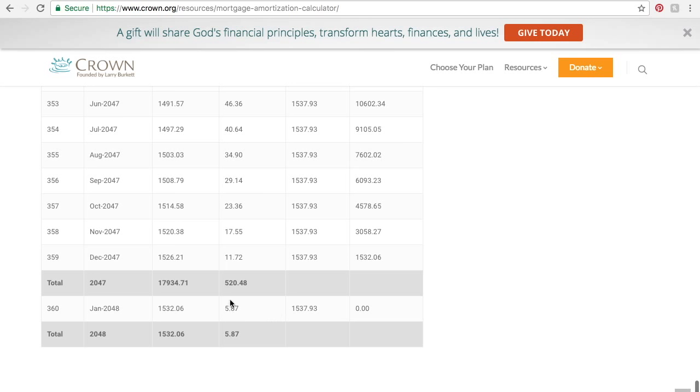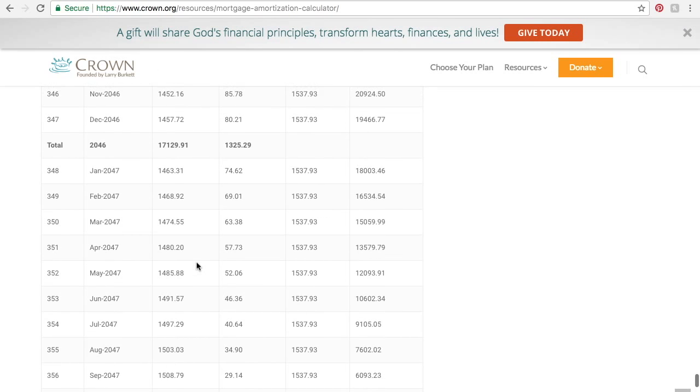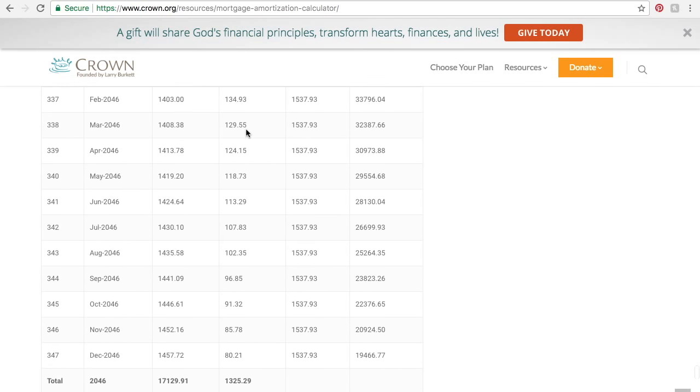However, what we were paying towards interest got very low, $5.87 on the last one, very highly weighted towards principal on that last payment. And you could see how this has been changing throughout the payment history.